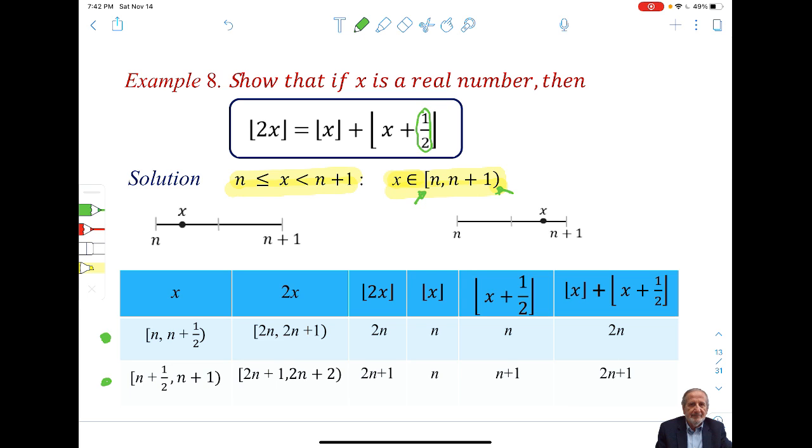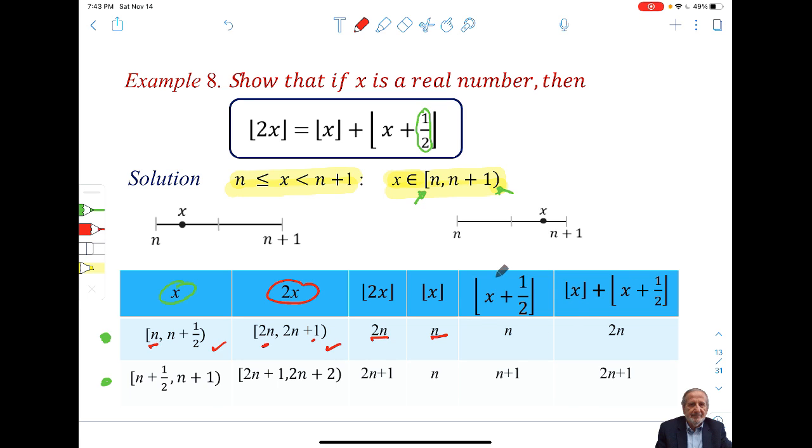So this is x. Now you find 2x. You multiply this by 2, you get this, very simple. Now I have this and I have this. I can now compute the floor function of 2x, which is 2n. Floor function of x is n. Now I'm adding to x 1/2.